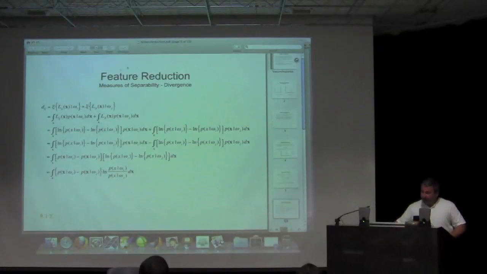All right, so let's keep that in mind. That's what's defined as divergence. And it's a measure of how far two classes are apart from one another, given their probability density functions. And those PDFs could occur in n space, depending on how many bands you have. So that's why these x's are still vectors.